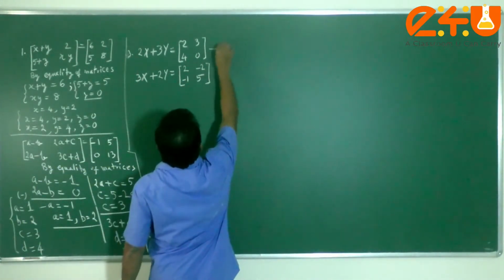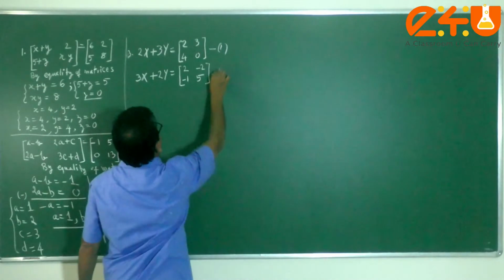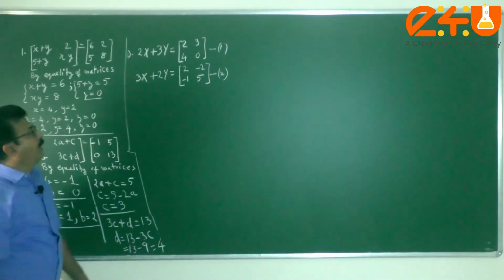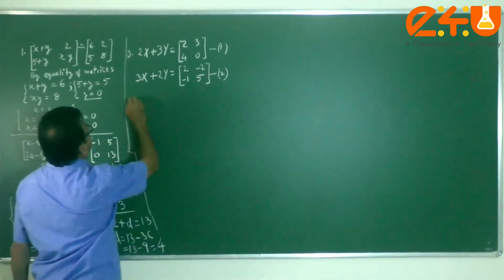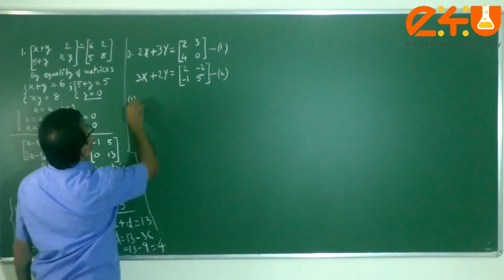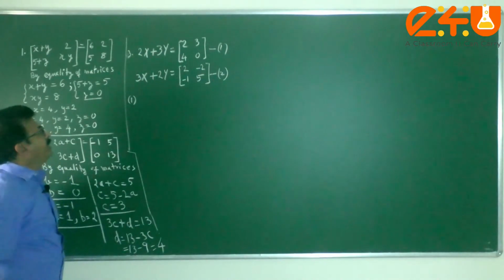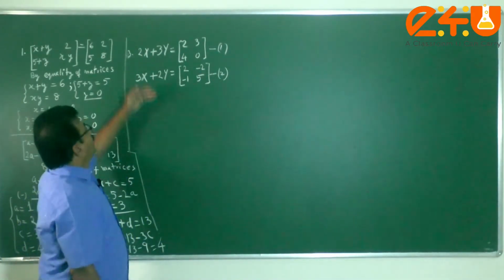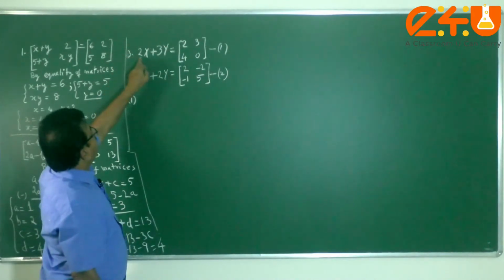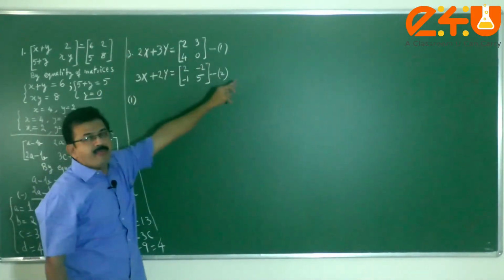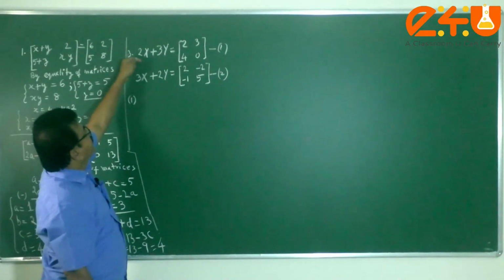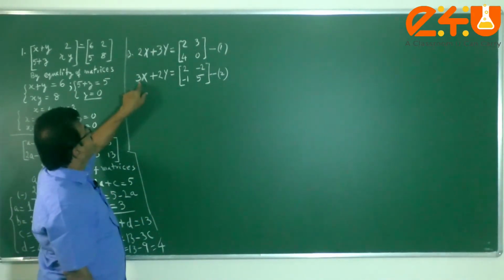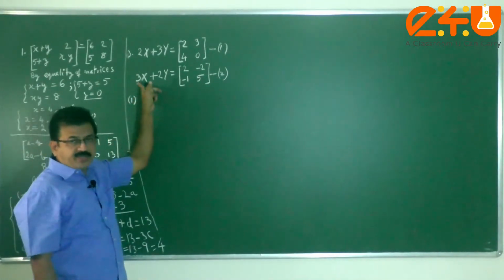So let me name the given equations. Let me number them. You may, as you wish, try to eliminate the matrix X or matrix Y. I am directly going to multiply equation 1 by 3, because 3 happens to be the coefficient of X matrix in the second equation.